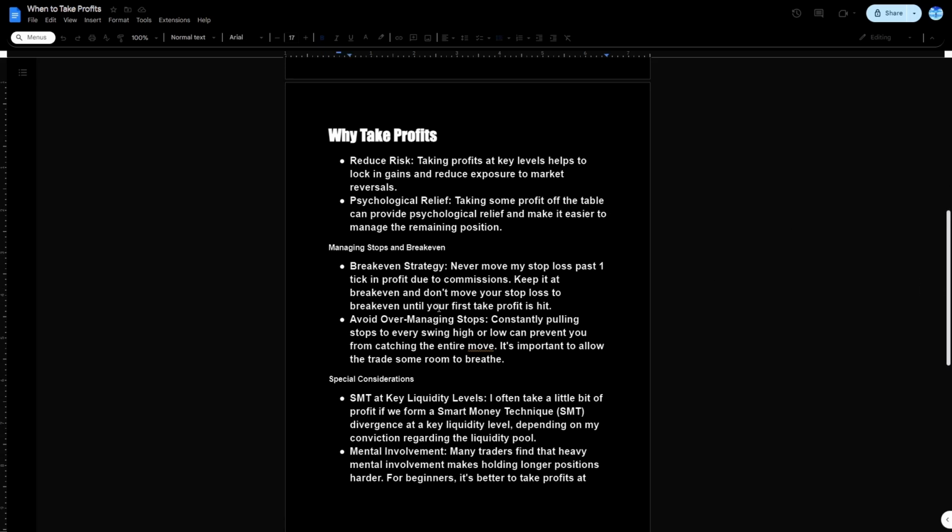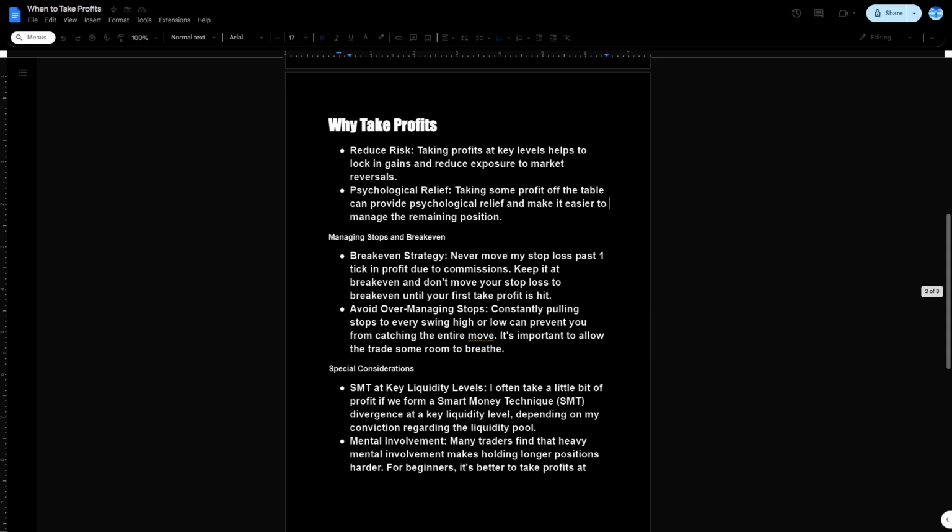This avoids over managing your stops, and consistently pulling your stops to every swing high or low can prevent you from catching the entire move, because obviously we can soup every high or low. It's important to allow the trade room to breathe.